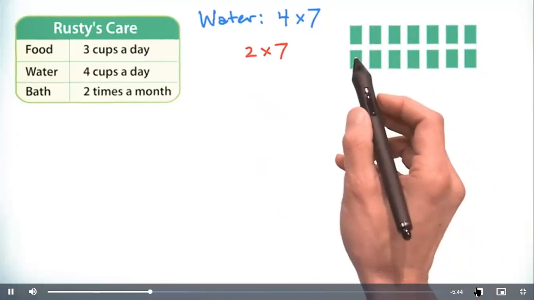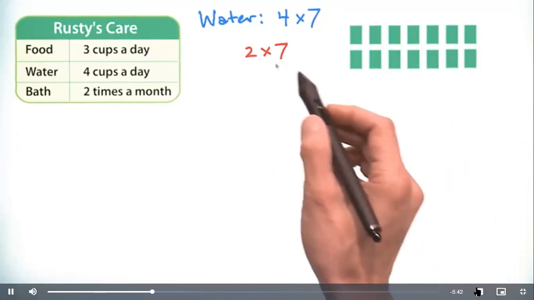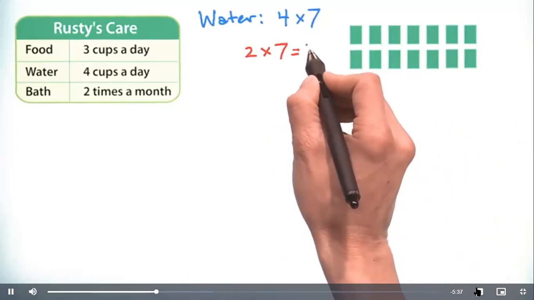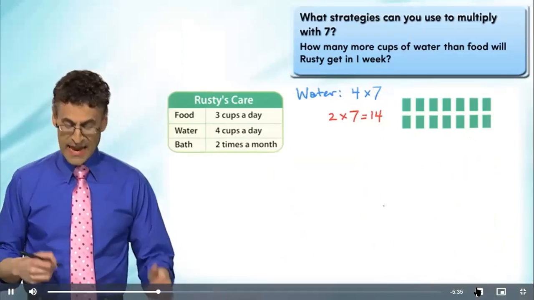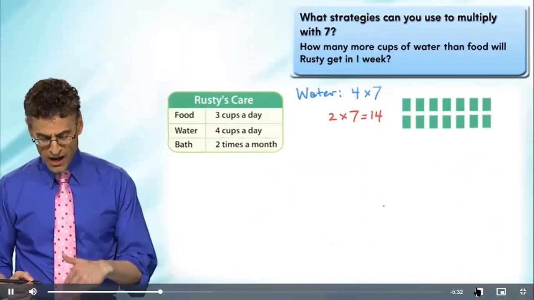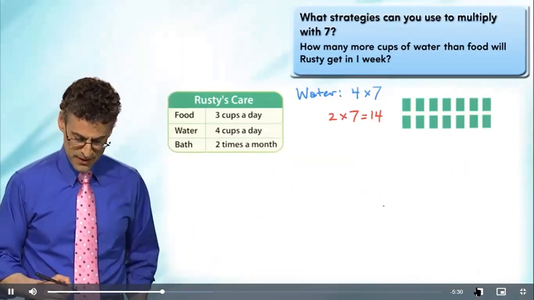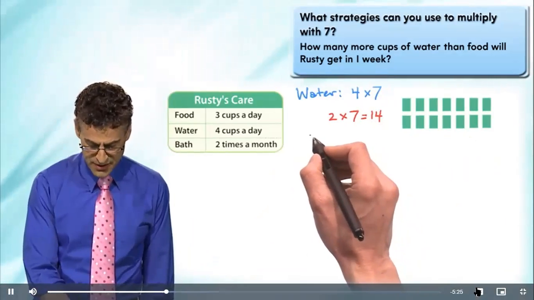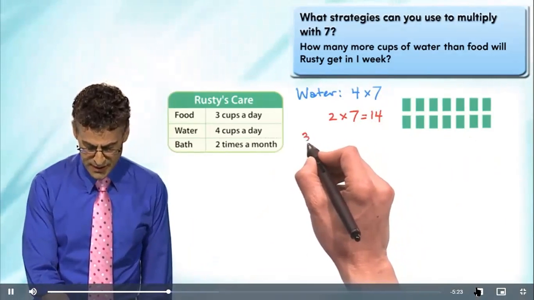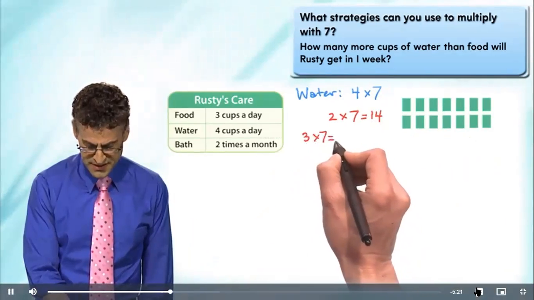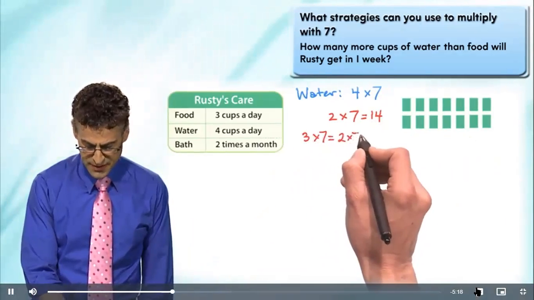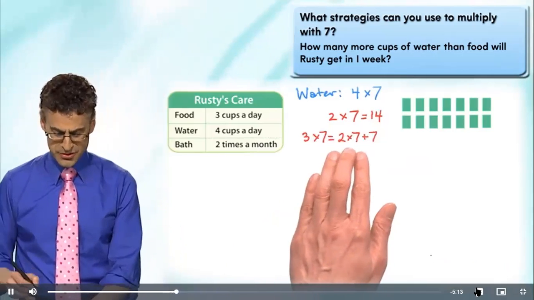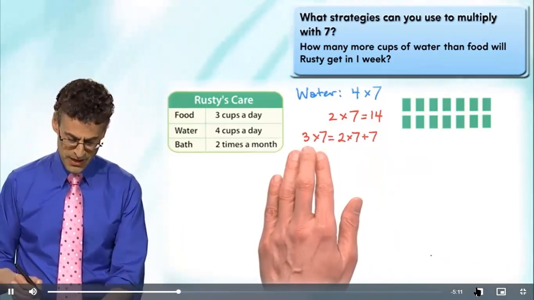We can count, or you might just know what 2 times 7 is, and the answer is 14. Now we're going to add on another row of 7, another group of 7, and that gives us 3 times 7, because that's equal to 2 times 7 plus a new row of 7. If you have 2 7s and you add 1 7, you now have 3 times 7.